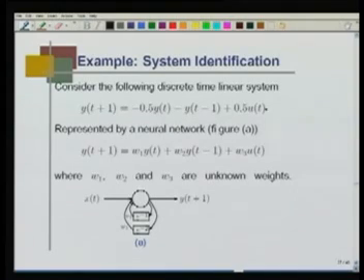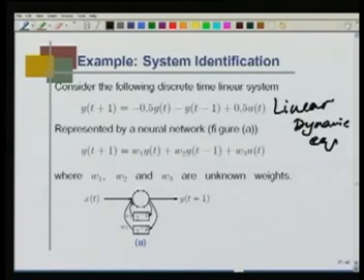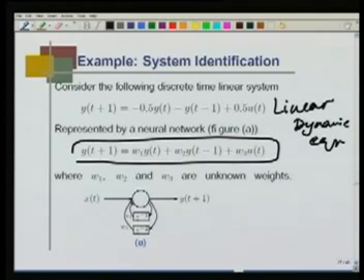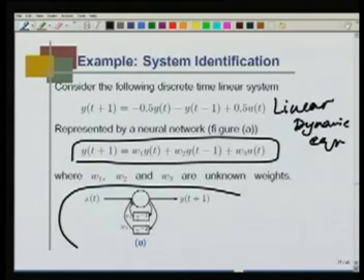This equation we can represent as y(t+1) equals w1 y(t) plus w2 y(t-1) plus w3 u(t), where w1, w2 and w3 are unknown weights, and this is the recurrent network.